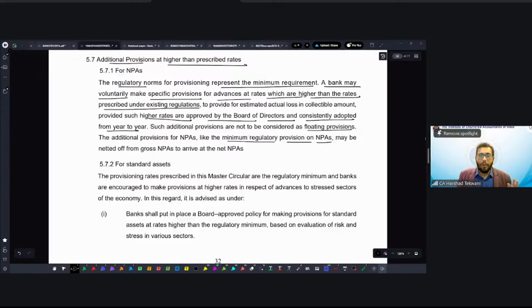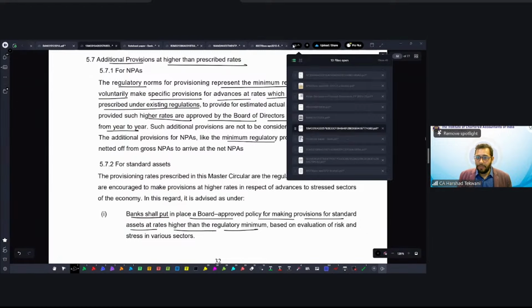Not only in the case of NPAs, but in the case of standard assets also. For standard assets, the bank shall put a board approved policy for making provisions at a higher rate than the regulatory minimum. It is allowed.